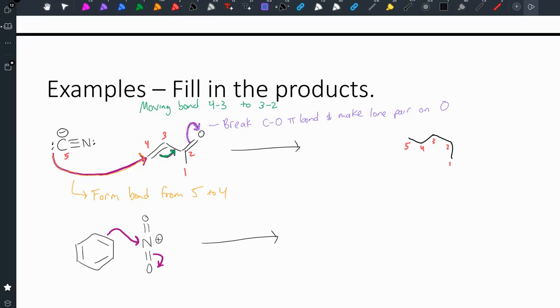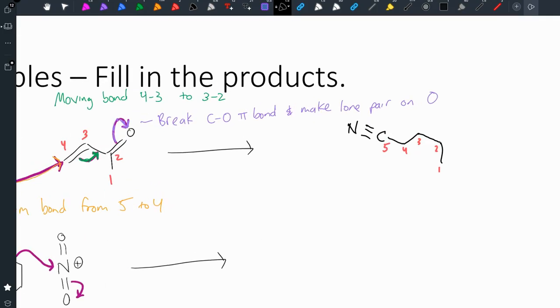Okay. Carbon 5 is still triple bonded to nitrogen. Carbon 2 and 3 are now going to have a double bond because I moved a bond over there. And carbon 2 still has one bond to oxygen.